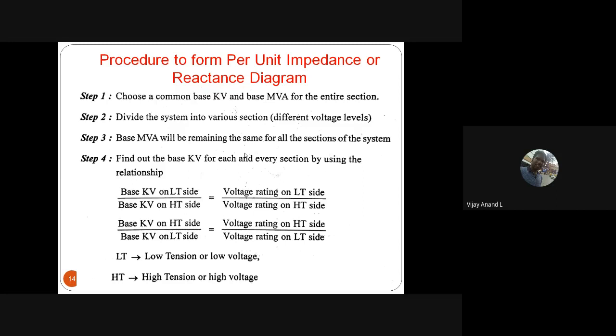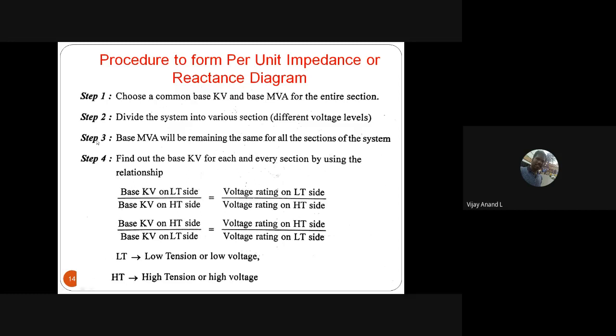In step 2, divide the system into various sections based on the voltage level. In step 3, the base MVA remains the same for all sections of the system; it should remain constant throughout.